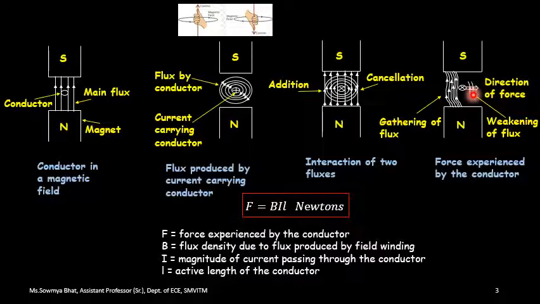So which we call it as weakening of flux, or in other terms it is called as low density flux or low flux density area. So this side we call it as low flux density area, this side we call it as high flux density area. So this represents the cancellation of flux, because both of them are in the opposite direction. So some of the fluxes will get cancelled out and it is called as weakening of the flux.